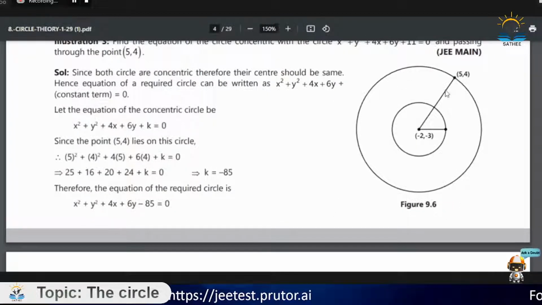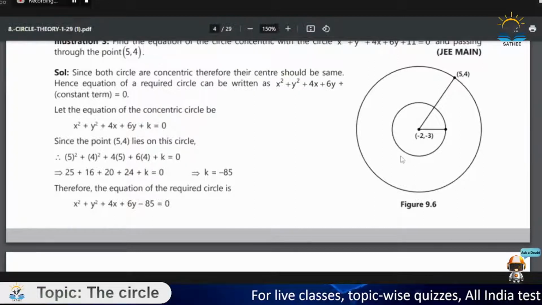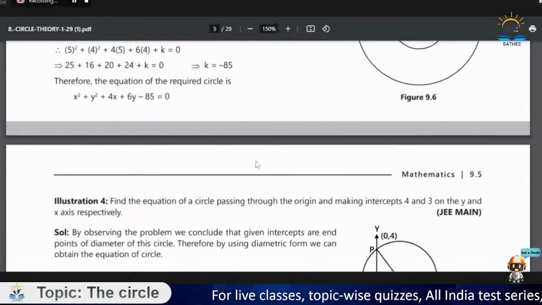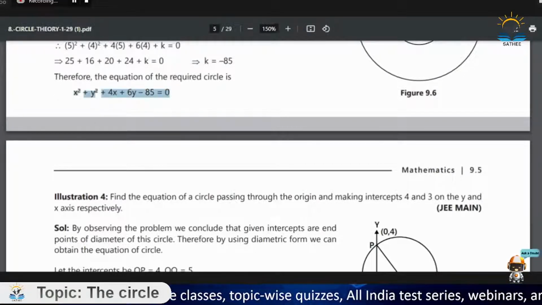Now since we know the radius, we can write the equation of the circle as (x plus 2) whole square plus (y plus 3) whole square is equal to (7 root 2) whole square, basically equal to 50. After finally opening the squares, we get this equation.